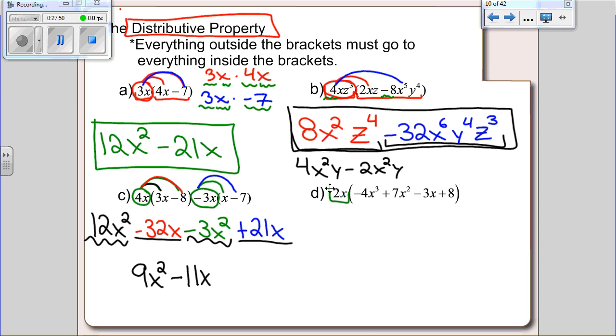So that 2x has to be multiplied by the first term. Numbers go with numbers, so 2 times negative 4 is negative 8. x times x cubed, you add the exponents, becomes x to the power of 4. Make sure you add the exponents. Make sure you have negative 8.